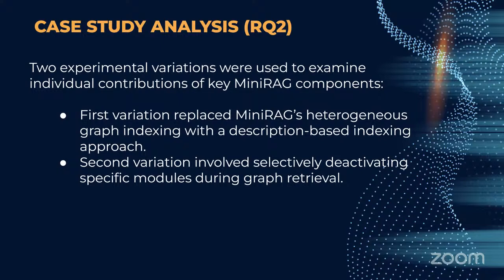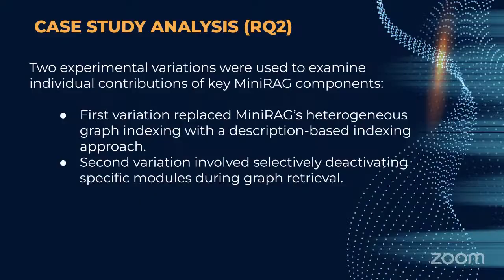Okay, so what the authors did was carry out an ablation study of key MiniRAG components through two primary experimental variations. The first experimental variation was they replaced MiniRAG's heterogeneous graph indexing with a description-based indexing approach, which requires comprehensive semantic understanding for generating accurate entity and edge descriptions.